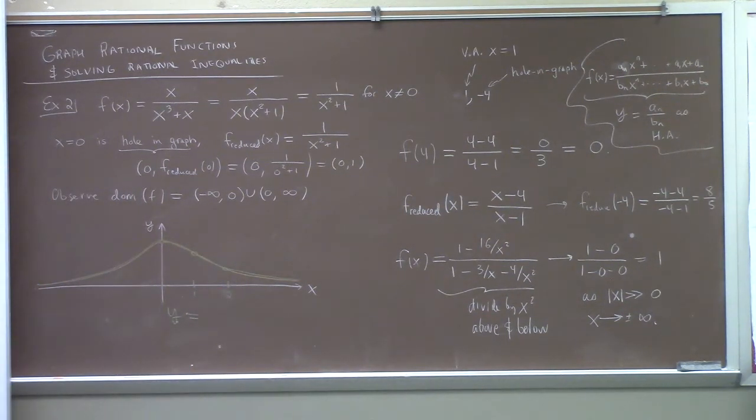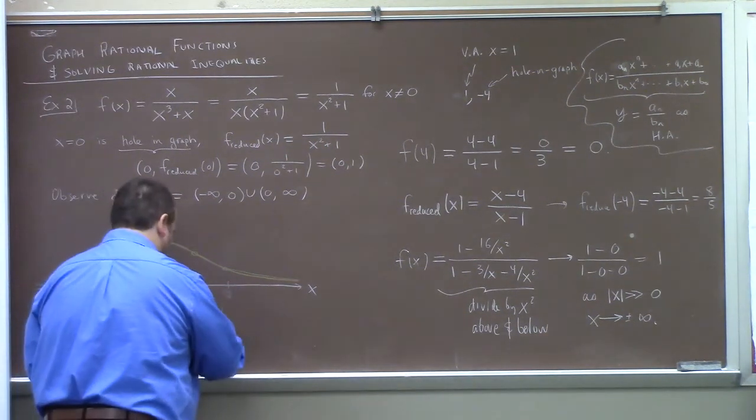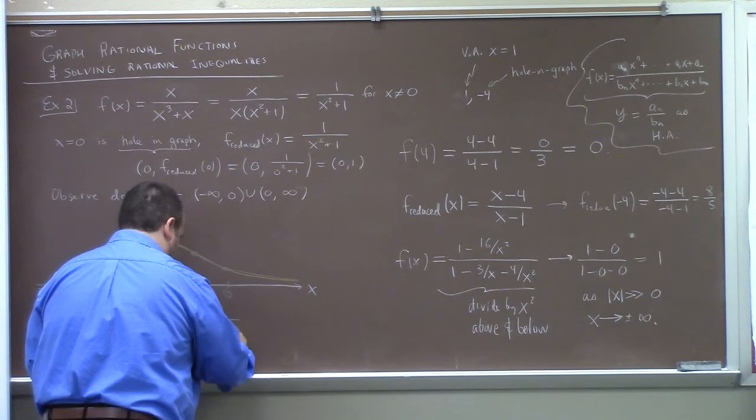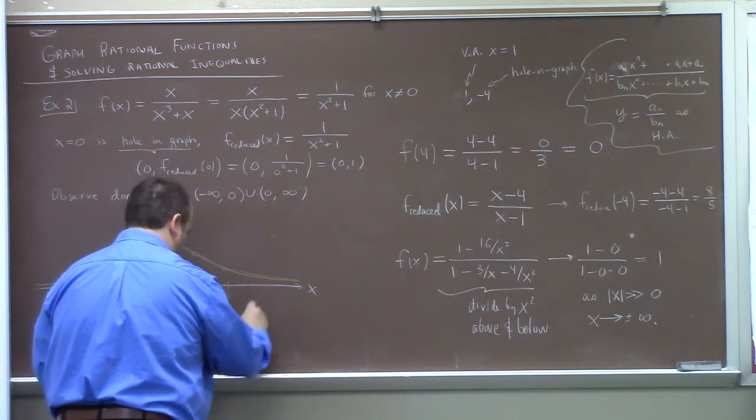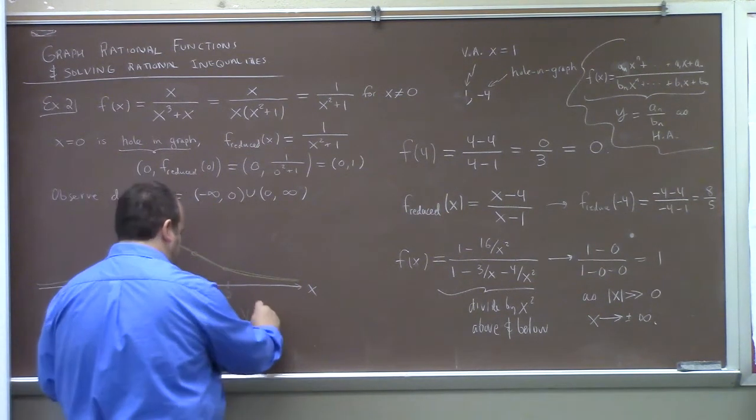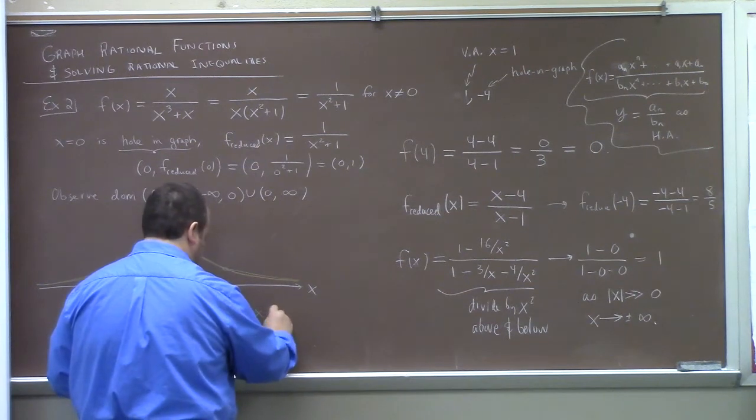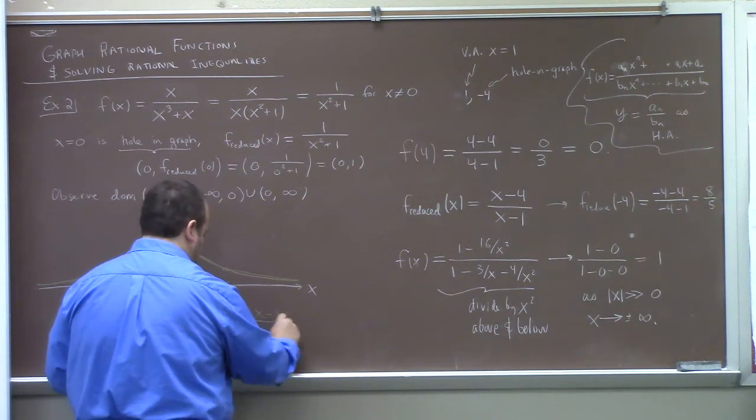How do you put holes in the graph? If you want to take a function that's perfectly well and good and just stick a hole in it, what do you do? Would that work? Pretty much, but you have to multiply by 1. So what you do is put x minus 1 over x minus 1.